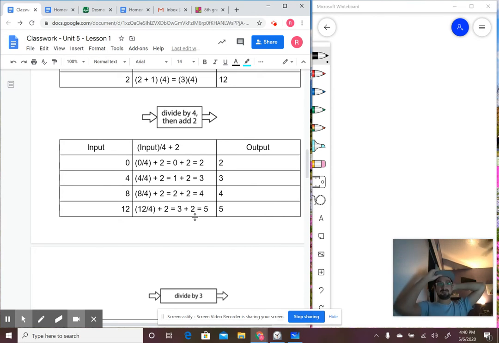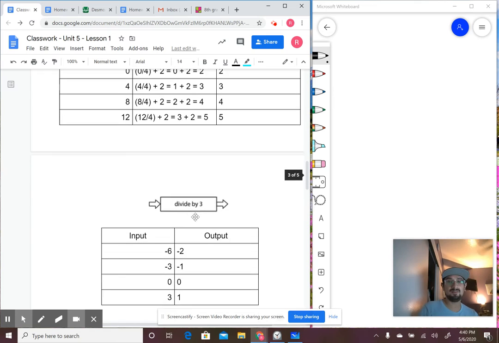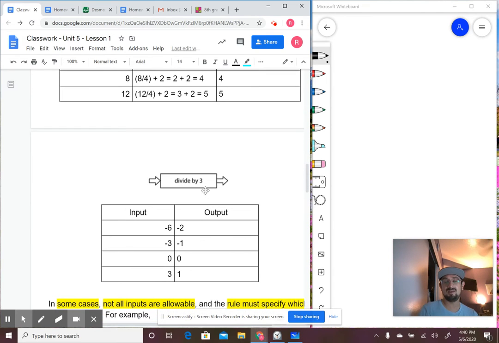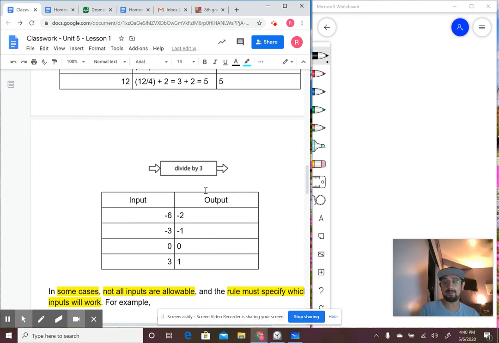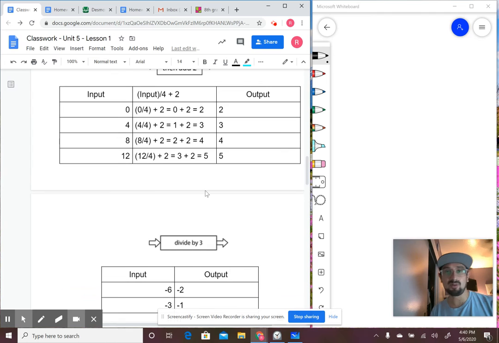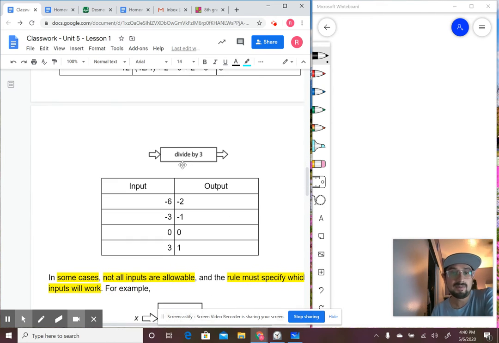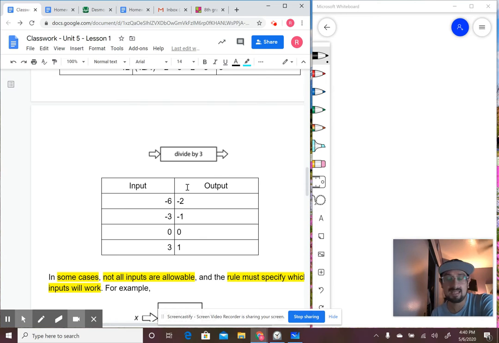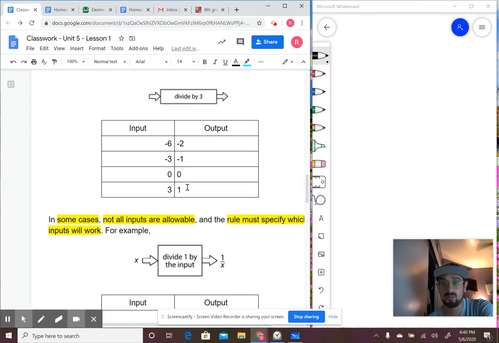And so on, right? This one's divide by 3, so we take the input and divide it by 3, and we don't need to do too much work for this one. Negative 6 divided by 3 is negative 2. Negative 3 divided by 3 is negative 1. 0 divided by 3 is 0. And 3 divided by 3 is 1.